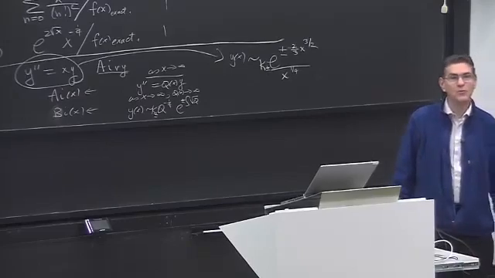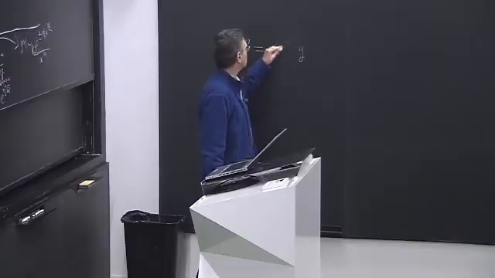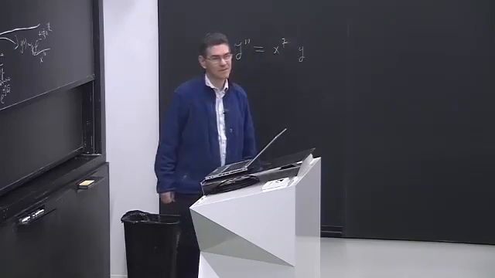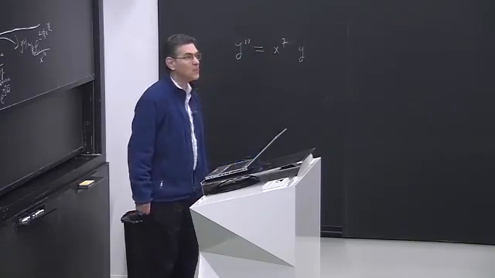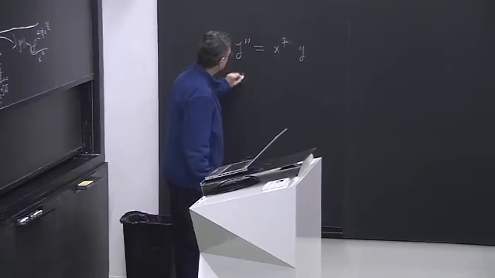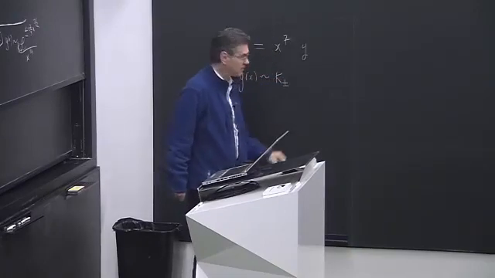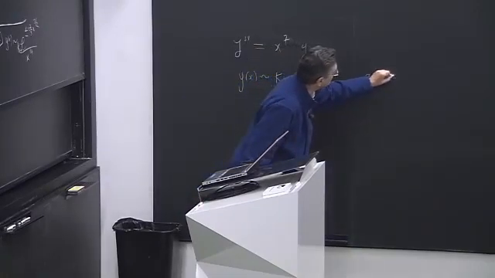So your mom tells you her favorite number, 7. Terrific. You say to your mom, I know how solutions to this equation behave. They behave like a constant, asymptotically, as x goes to infinity.